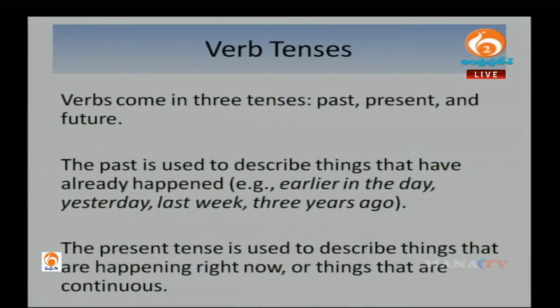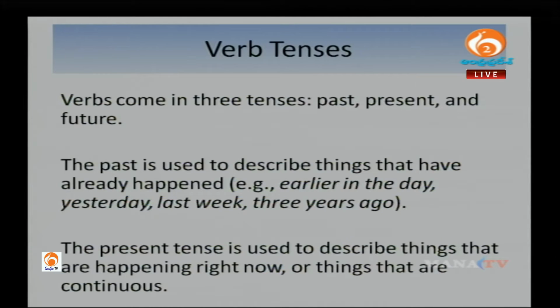It gives a background of basically what, when, and how, right? So verbs come in three tenses: past, present, and future, right? So these are the three basic tenses in which you will see your verbs, yeah.